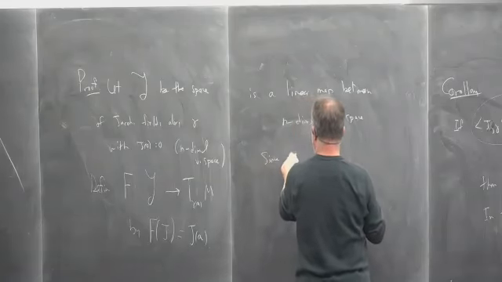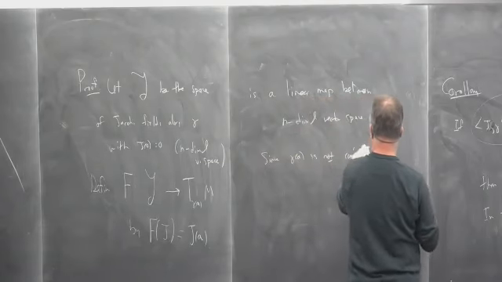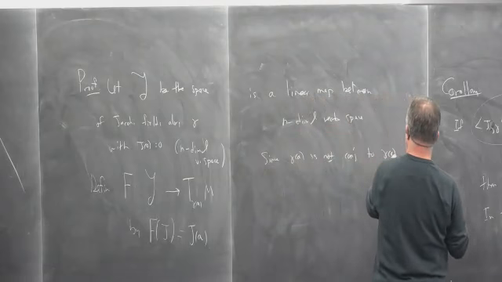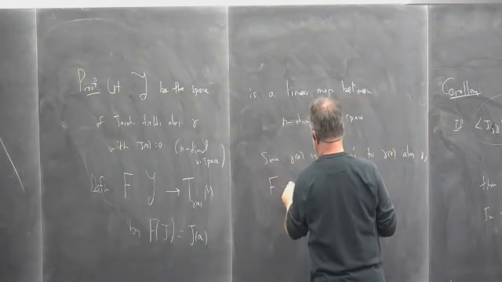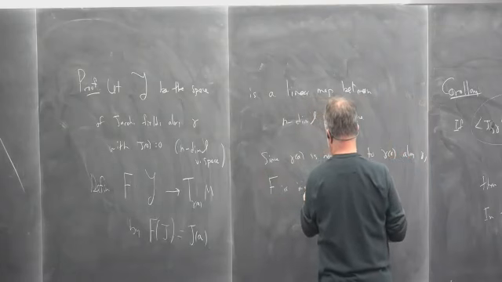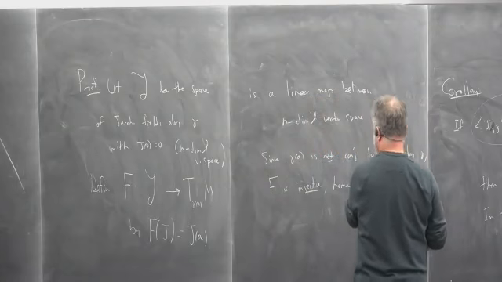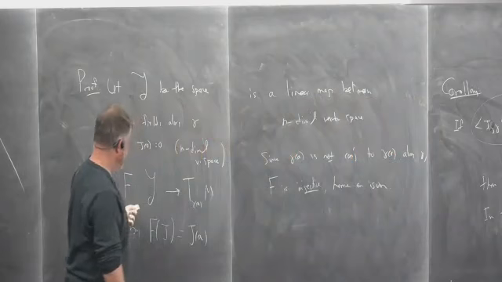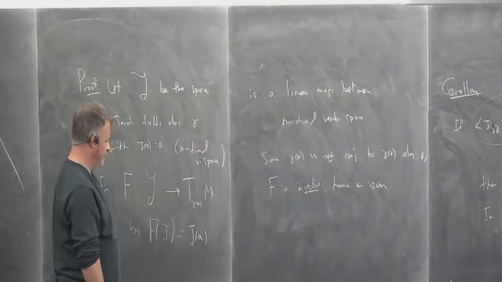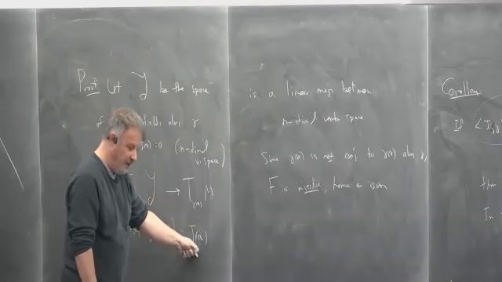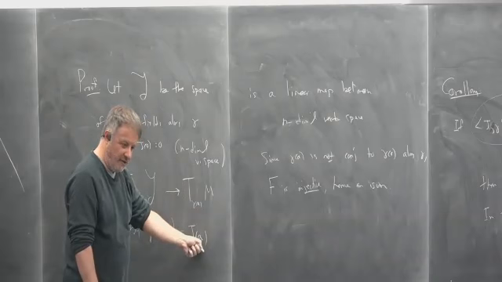So since gamma of A is not conjugate to gamma of 0 along gamma, F is injective, hence an isomorphism. What does that mean? This is a linear map between two n-dimensional vector spaces. So to know it's injective, I need to know the kernel is 0. Well, suppose I have something in the kernel, that means J of 0 vanishes and J of A vanishes.